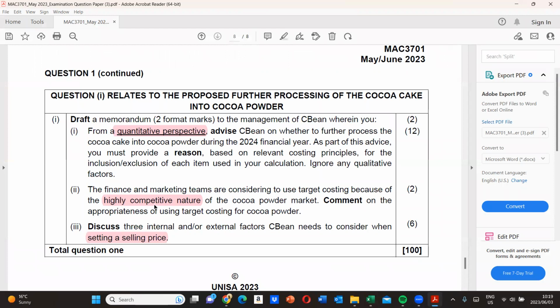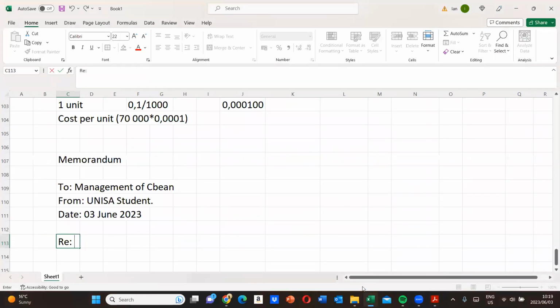Remember, the memorandum is addressing all this, so you're looking at the evaluation of cocoa beans. What are you trying to address? That is what you present there. It's not restricted. It's more like you at work.